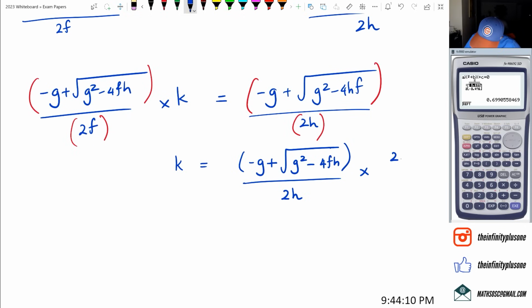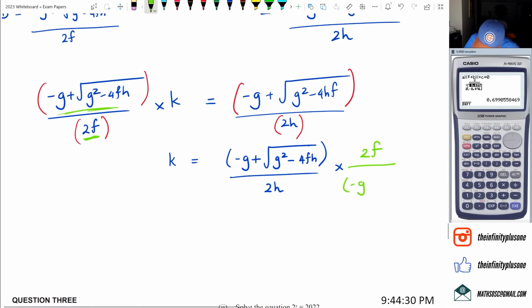So I'm going to get 2f, which I'll put in a different color so it makes sense. The 2f is in the denominator, so when I bring it to the other side, it goes on the numerator. And this whole thing is on the numerator, so when I bring it across, it will end up in the denominator.